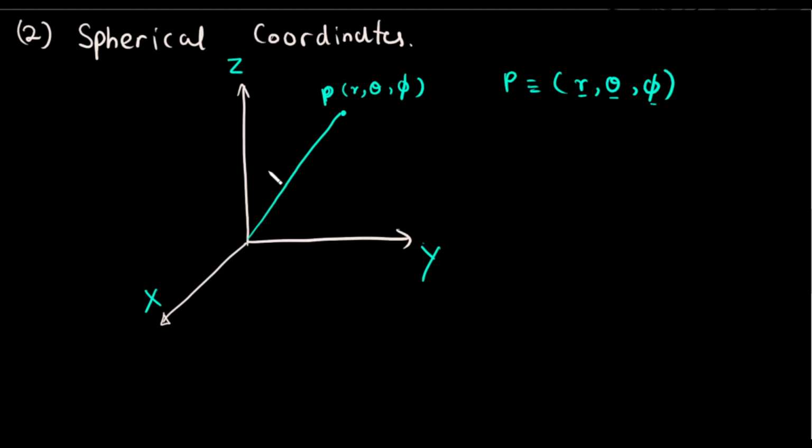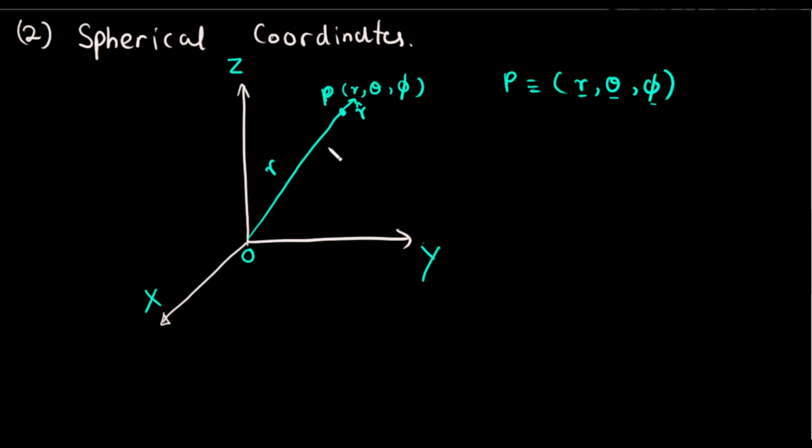So what I'm going to do here is that I'm going to have this OP here. The length of this OP vector is going to be my r. There is a unit vector along this r direction that is called r hat.